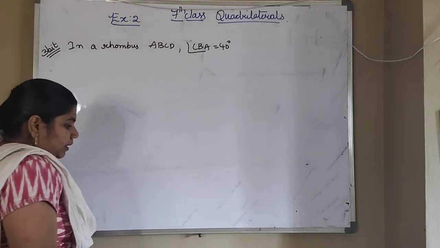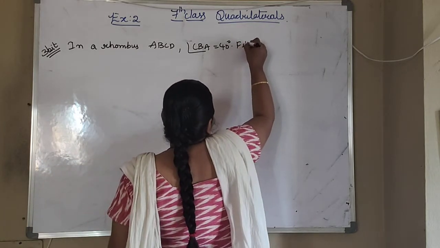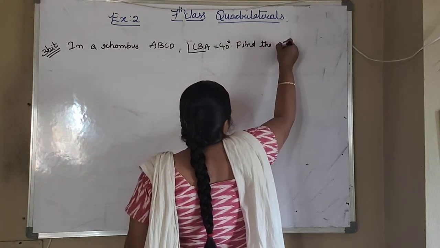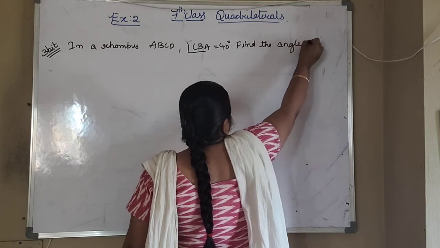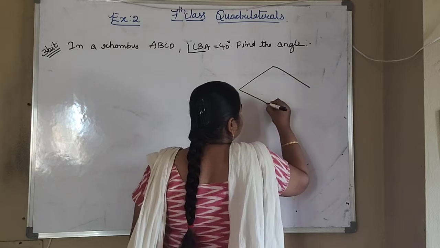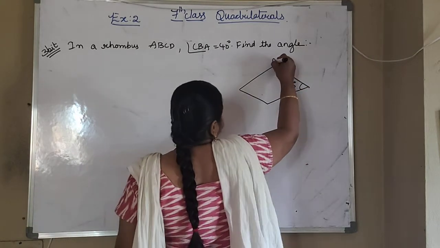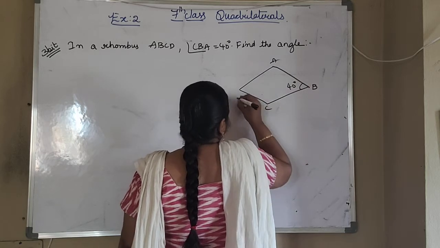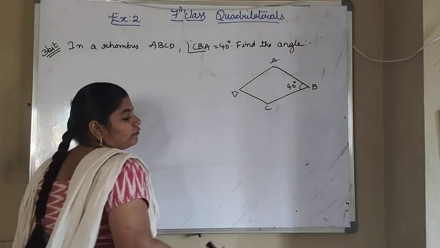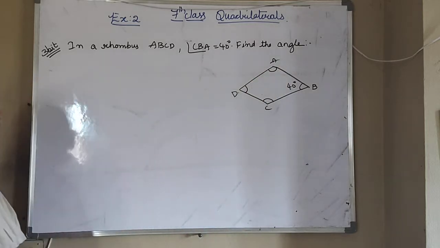They have given CBA equal to 40 degrees, and we have to find the other three angles. How will the rhombus be? They have given this figure. Here they have given 40 and this is A, B, C, D. So how to find the other three angles, we will see.